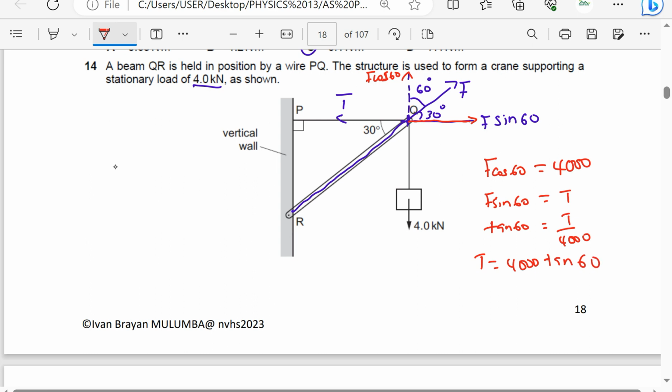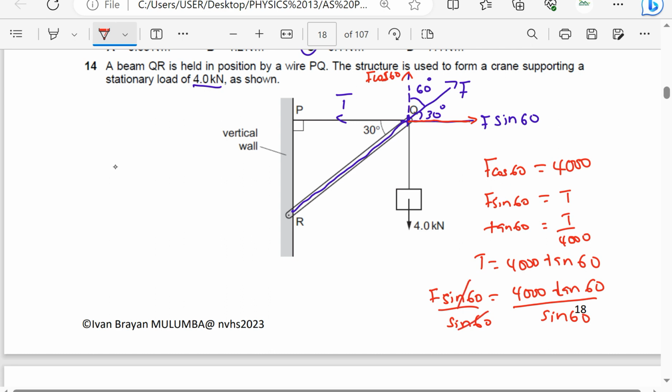I didn't want to find the T first. So if T is that, then I'll go back in any equation which has F and substitute for T. So it means F sine 60 should be equal to T, which is 4,000 tan 60. Then I divide by sine 60 to get F alone.